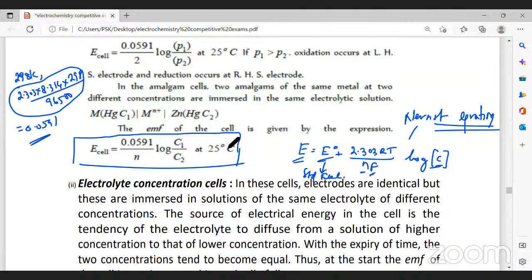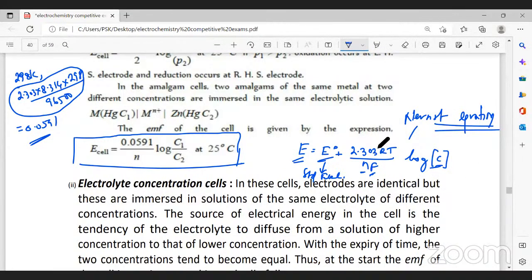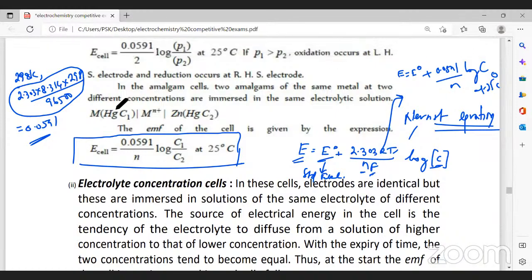And n is the valency. That's why at 25 degrees Celsius, the Nernst equation can be written as E is equal to E naught plus 0.0591 divided by n log C. Because temperature, R and F are all constant, that is what they have written.